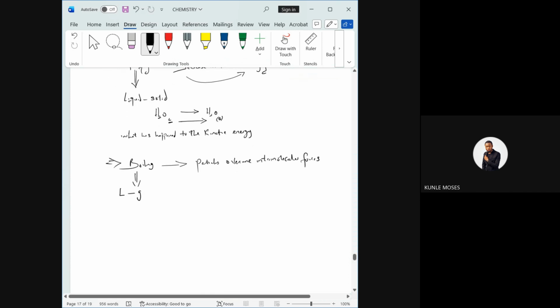Okay, so let's move to gas law. When it talks about gas law, it explains the relationship between pressure, temperature, and volume.